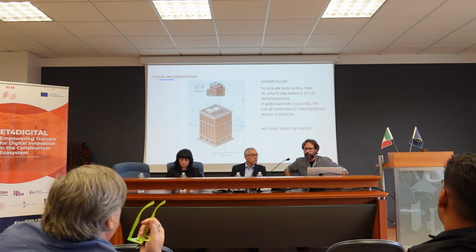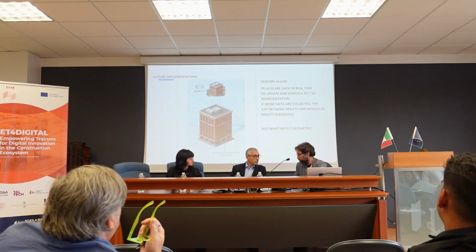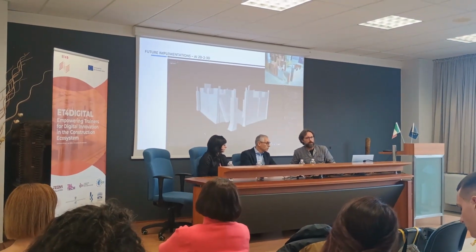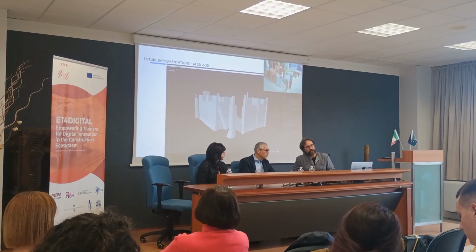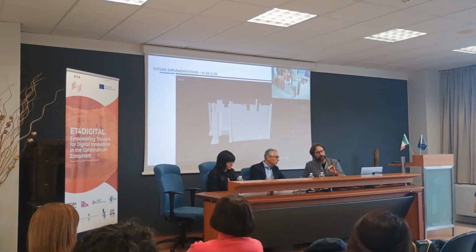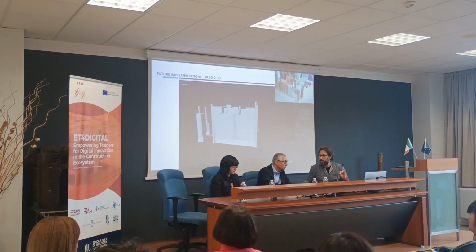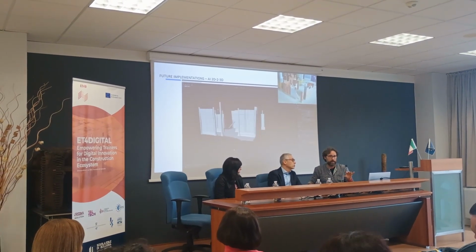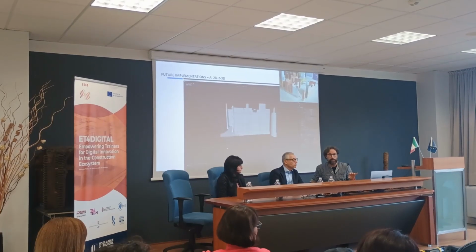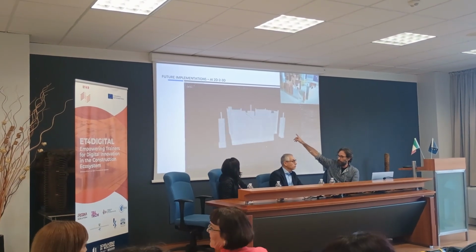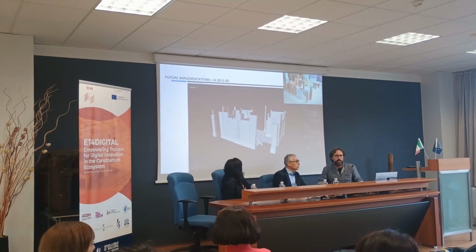I have tried to do a little experiment with the geometry. I passed images to an artificial intelligence that is trying to recreate a model from single images. This is not photogrammetry. It's just a model created from this simple, very low definition image.